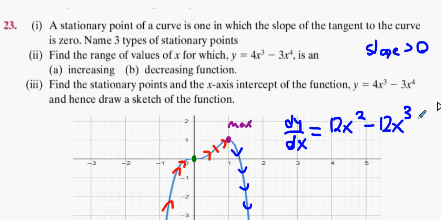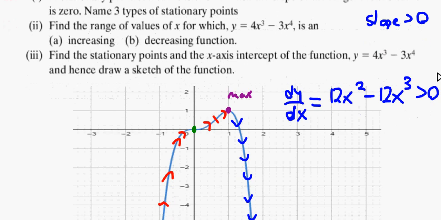And you'd like that to be bigger than 0. Okay. So, what can we take out here? Take out x squared. And what's left over? That's perfect. x squared is always what?